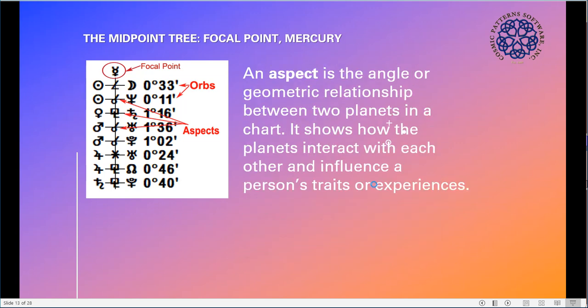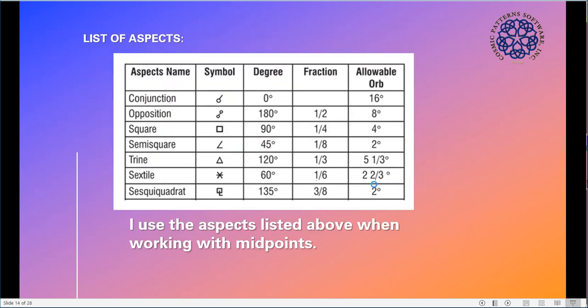Now, an aspect is the angle of geometric relationship between two planets in a chart. It shows how the planets interact with each other and influence a person's traits or experiences.